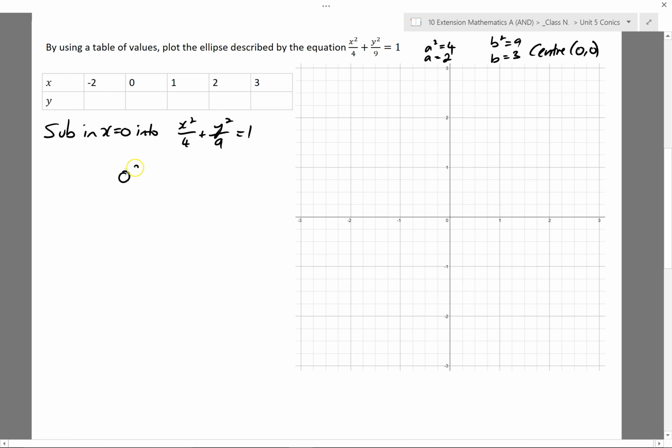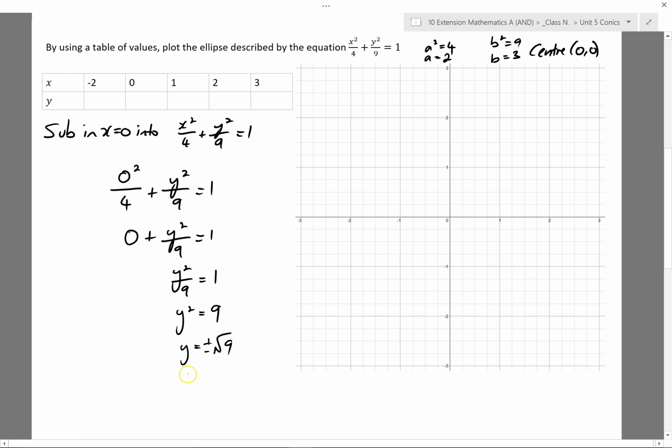Wherever I see x, I'll write 0. 0 squared on 4, well, that's 0. I can multiply both sides by 9, and then take the plus or minus square root. So for x equals 0, I had two solutions, plus or minus 3.